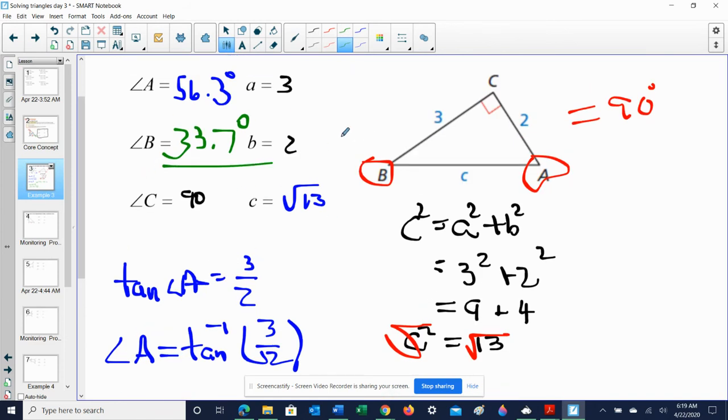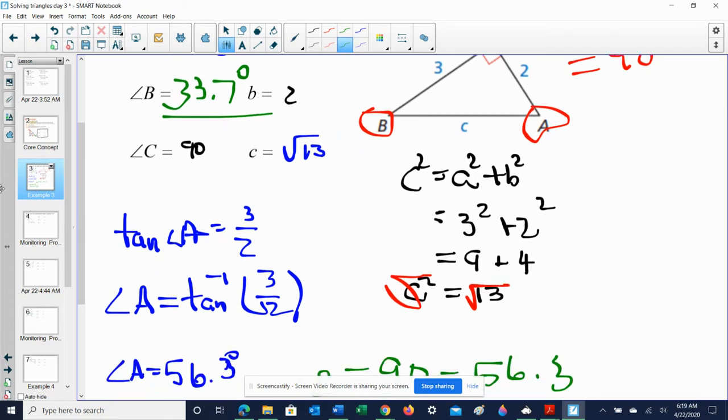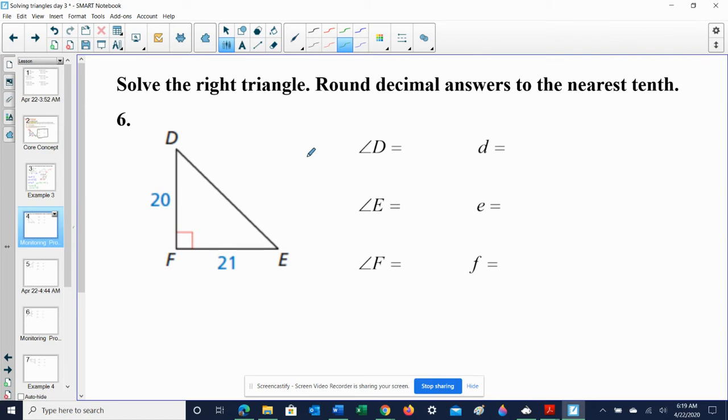So that's really all there is, ladies and gentlemen, to solving a right triangle. Let's try another one. I changed the letters here just to show that they can be anything. Doesn't matter. Here we have angle DEF.